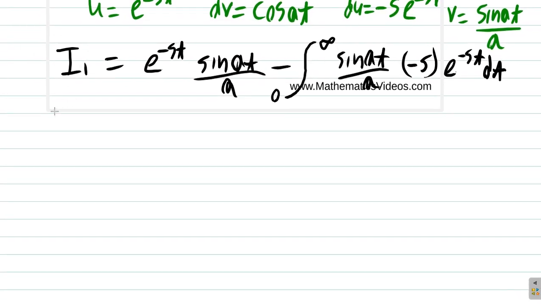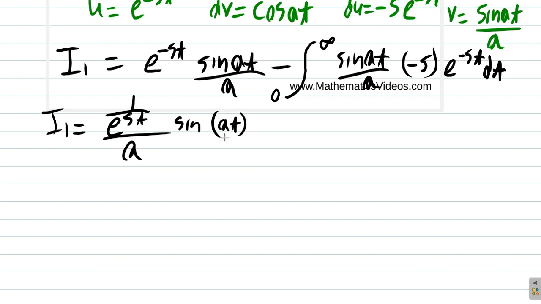Now, I1 is equal to e to the negative st, which, remembering your rules of indices, is 1 over e to the positive st, all over a, times sine at.